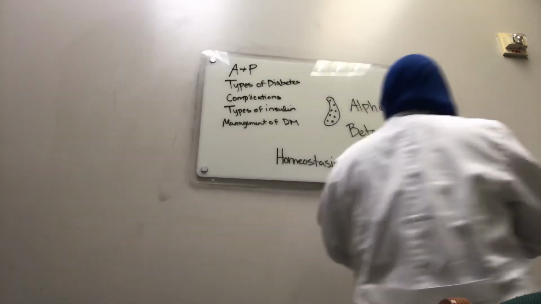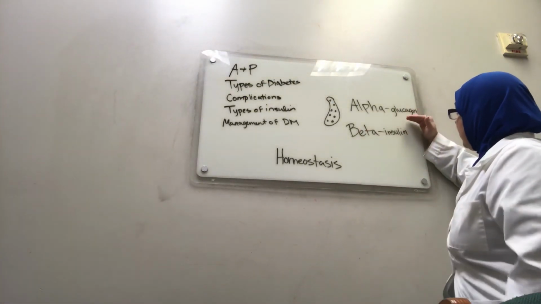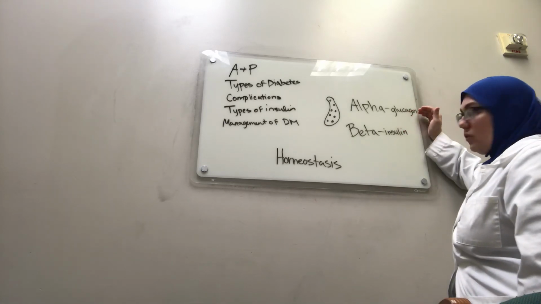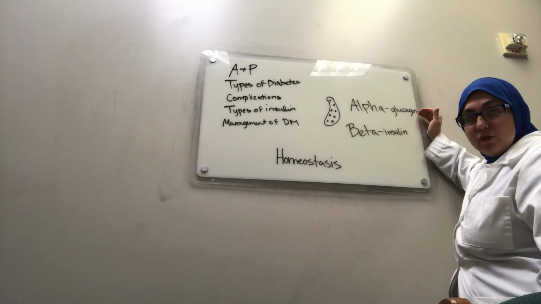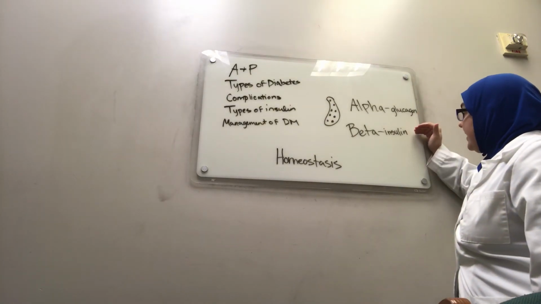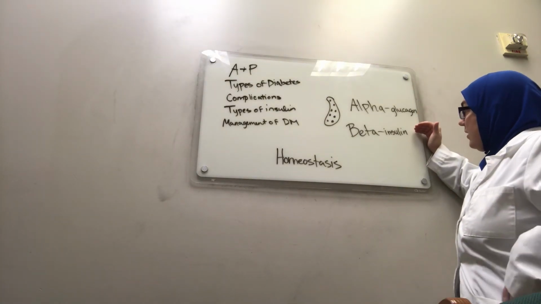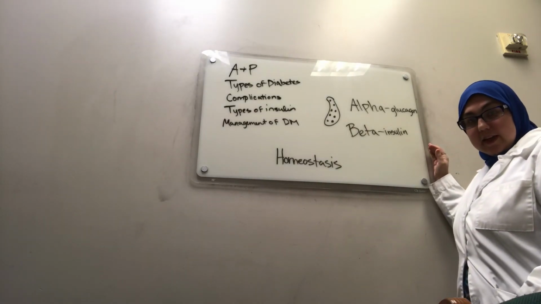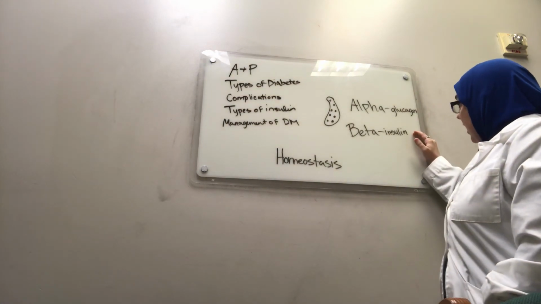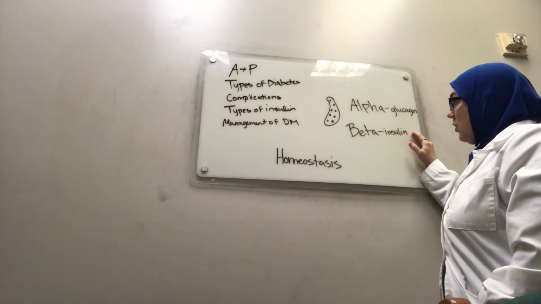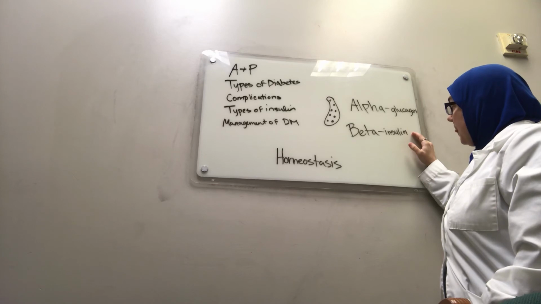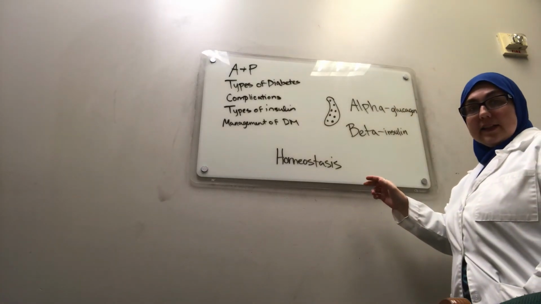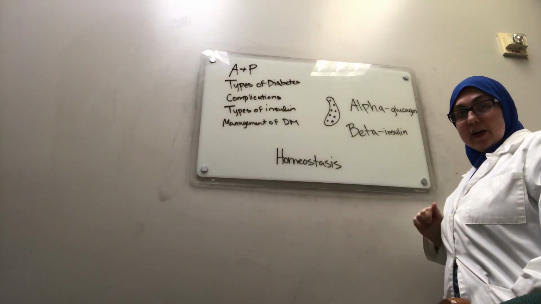And the way the body keeps this in check is that the alpha cells and the beta cells balance each other out. Glucagon is a hormone which causes the liver to release stored glucose. Insulin is a hormone that allows the sugar in your bloodstream to be taken into the cells and used for energy. When that can't happen, when there's no insulin, or if the cells don't respond to insulin, then the glucose stays within the blood, and this causes the blood sugars to go very, very high.